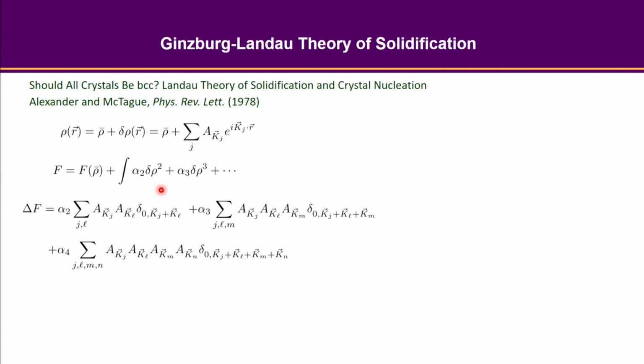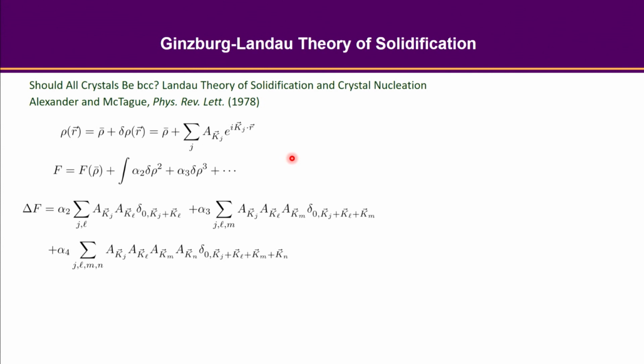So we have seen that derivation, just by saying the crystal density can be written as a mean density plus the sum of certain density waves. This summation corresponds to your lattice structure. If you're talking about BCC, then the summation should be over all the 1, 1, 0 combinations.